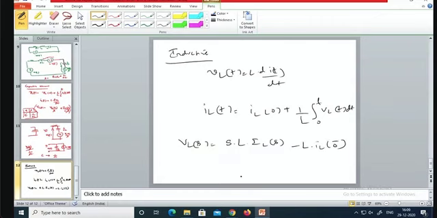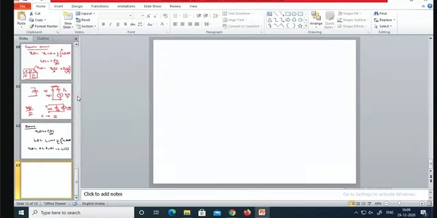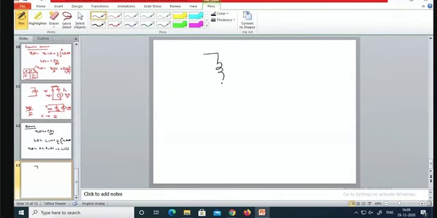Okay, this is as good as writing inductor like this. So this is L, and this is VL of t, and it is IL of t here.